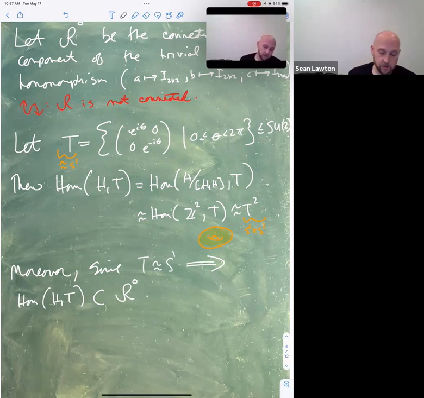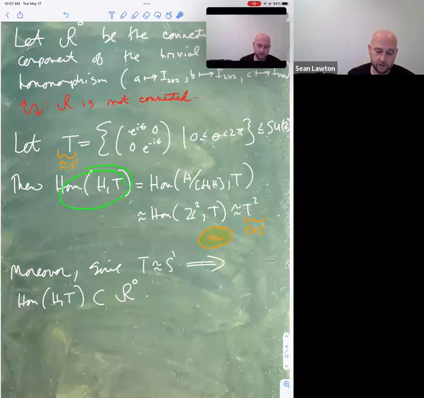Because the homomorphism where A, B, and C map to the identity, well, the identity matrix is in T. And so the identity is in there, but then what's the point here? This is connected, right? Because we've identified it with a connected space. So you have the identity representation here, and this is connected, and so that implies the whole thing is in here. Okay, so we've identified a big subspace of R0.